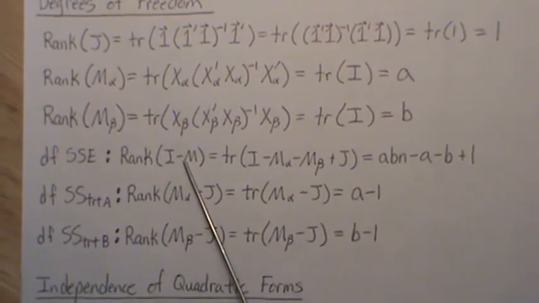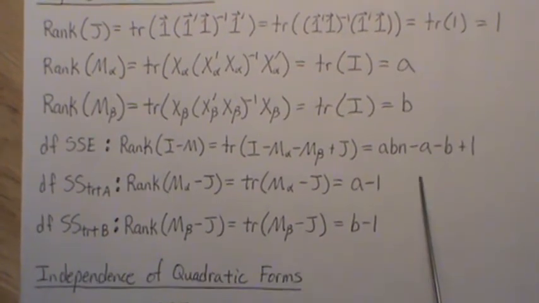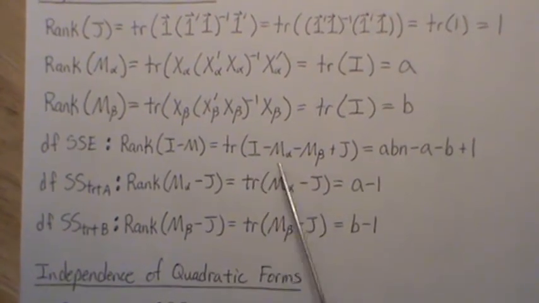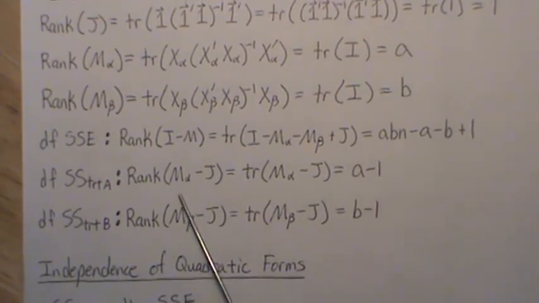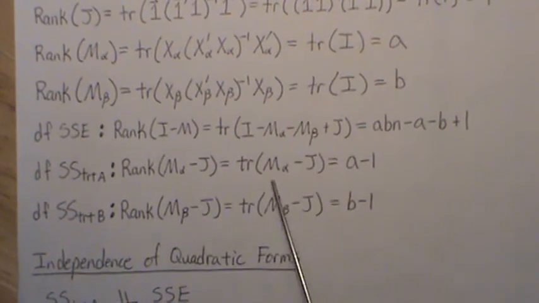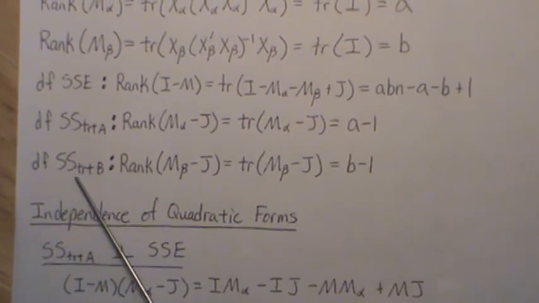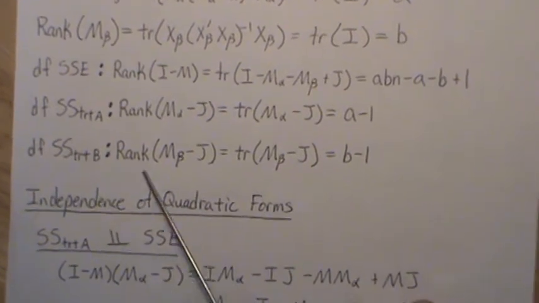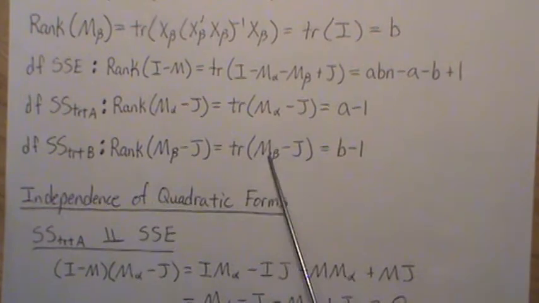Since this is idempotent, the rank is the trace, and the trace is just the sum of those. And that's where we get ABN, right? This is an ABN by ABN identity matrix, and then A, B, and 1. Same way here: since this is idempotent, it's equal to the trace, and that's A minus 1. That is the degrees of freedom for the sum of squares for treatment A. For factor B, the rank, since it's idempotent, is equal to the trace, and that's B minus 1.